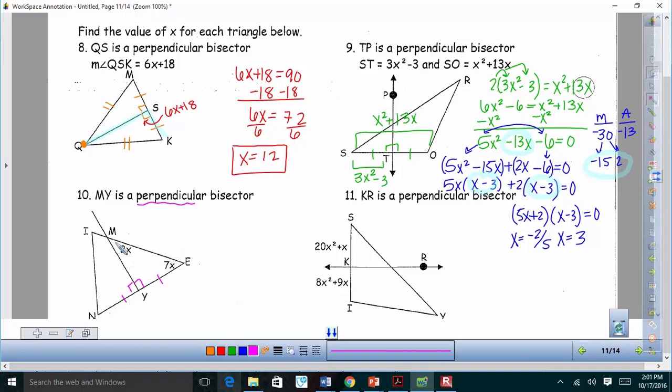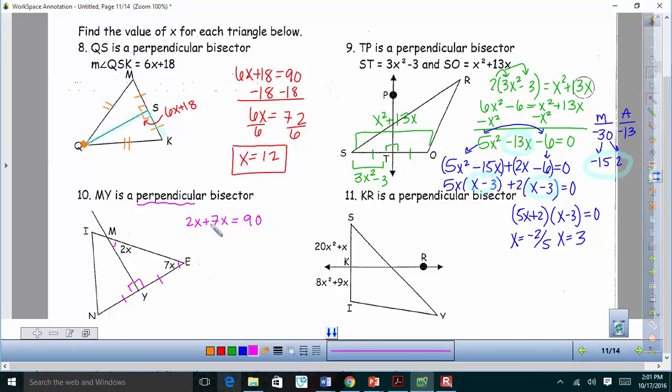Then it asks me to solve for X. So I have this angle right here, which is 2X. Have this angle right here, which is 7X. And then I have this angle, which is 90. What could I do to solve for X? 2X plus 7X equals 90. That would work. Could we do 2X plus 7X plus 90 equals 180? Yes. Either way, that would work.